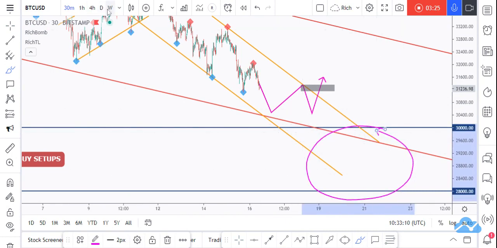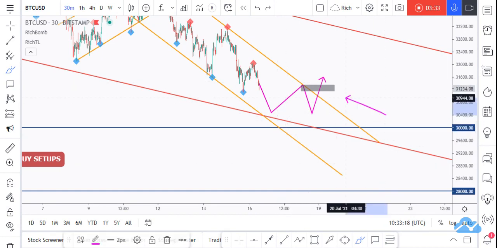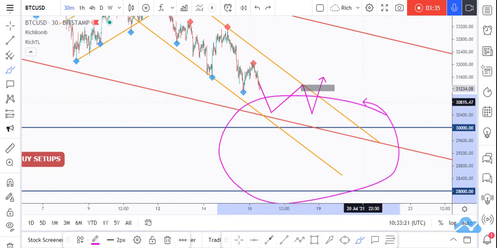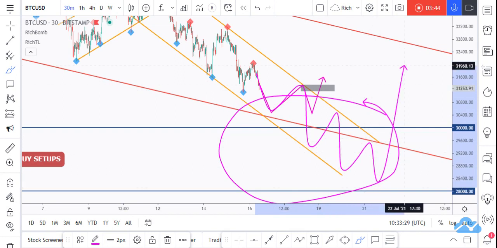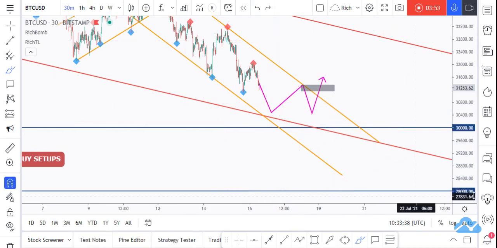We'll see it in a bit from the weekly time frame, for example, before going upward. But the idea behind this analysis is that we are only looking for buy setups as long as Bitcoin is trading inside this range, and we will not buy immediately, as price, as mentioned, can still dive in like this, for example, before going up. So we can't really know where the reversal would be, here, here, or here. That's why we wait for the buyers to take over before we enter the buy.